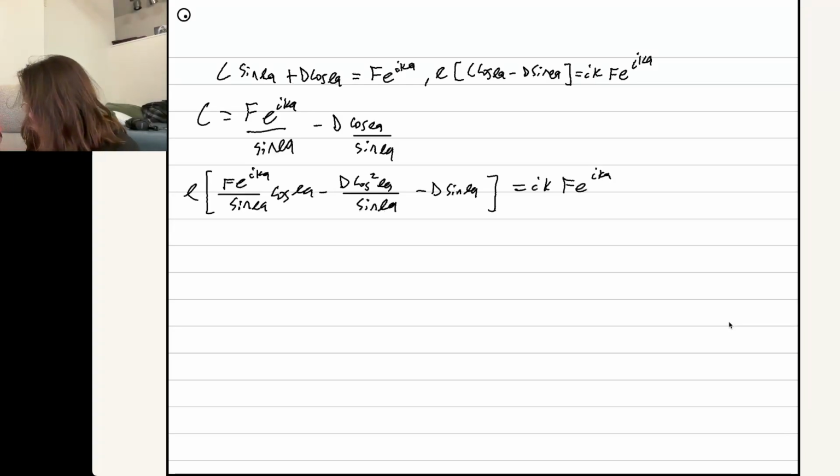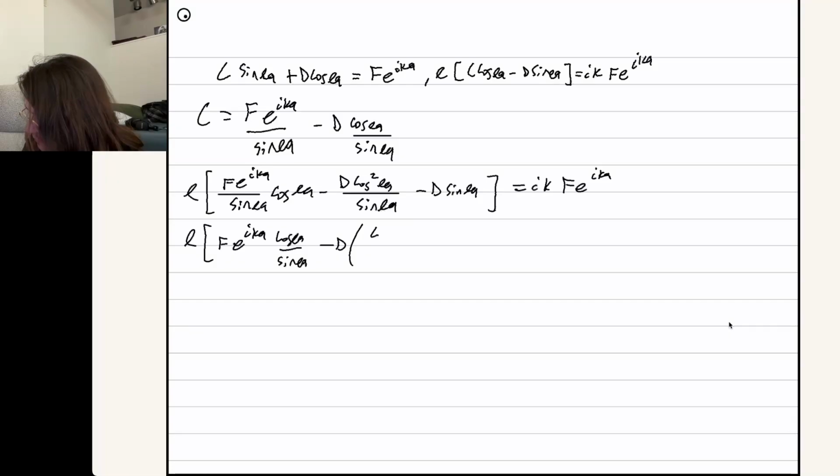So I want to combine the expressions that D is attached to. So we have cosine La over sine La here, plus D, or I'm actually going to do minus D, cosine squared La plus sine squared La over sine La.